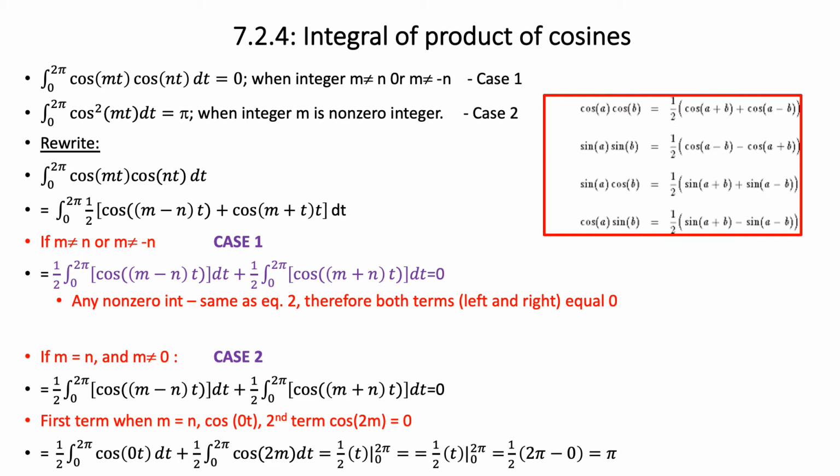So for case 1, the integral of the product of cosines when m is not equal to n or m is not equal to minus n, the value is 0. For case 2, when integer m is a non-zero integer and m equals n, we have the integral of cos square mt dt, and the value is pi.